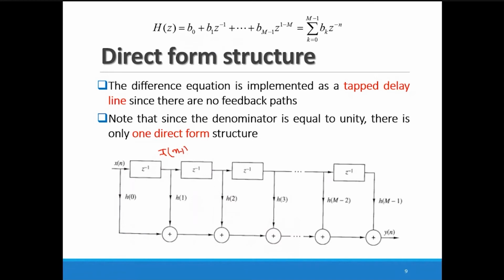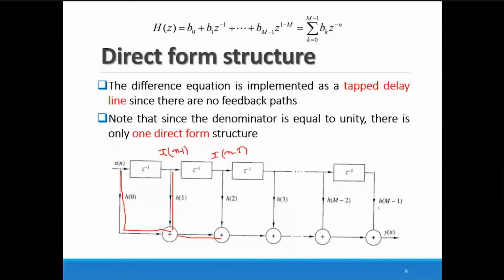Then it is multiplied with h1 and added. This is your second term, and the third term applies a 2 unit delay, so you get the x of n minus 2 term, which is multiplied with h2 and again added. So this is nothing but the direct form implementation of the equation.